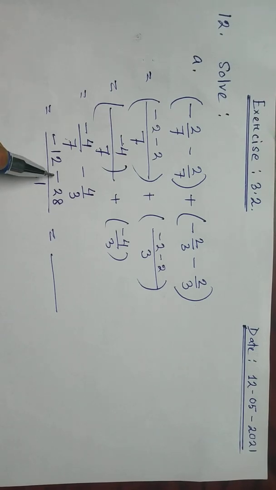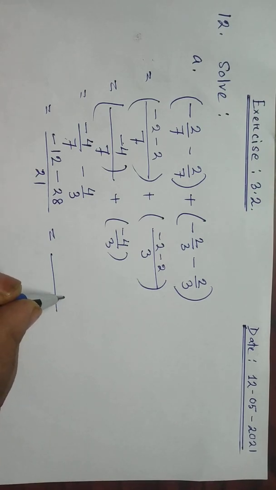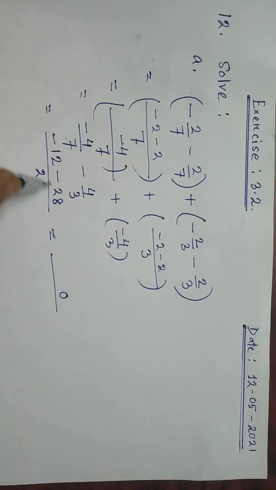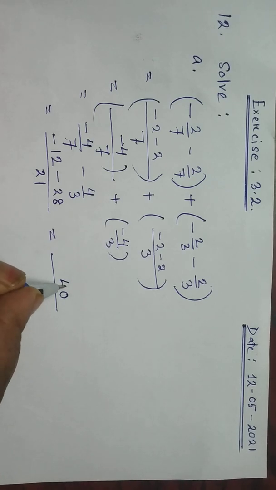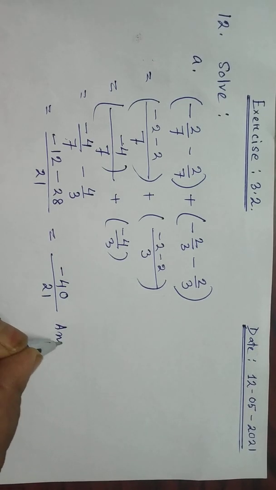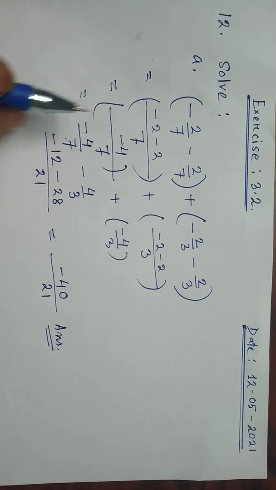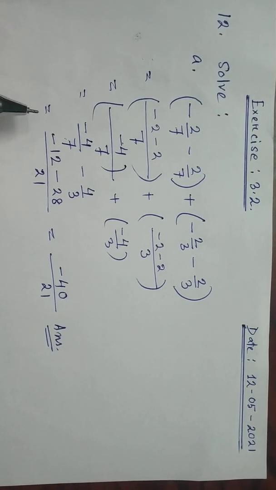Minus 12 minus 28 means 12 plus 28 is 40, so minus 40 by 21. This is our answer. When we simplify question number 12a, our answer would be minus 40 by 21.